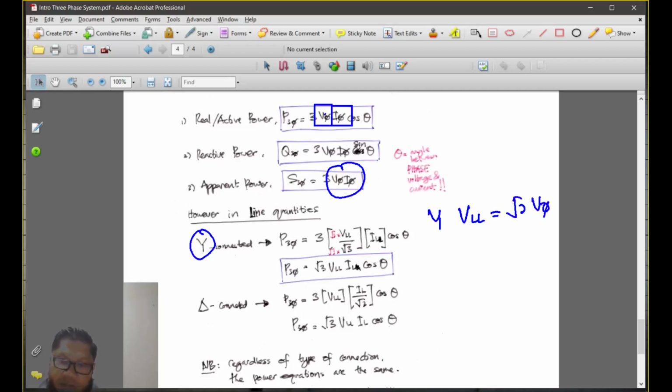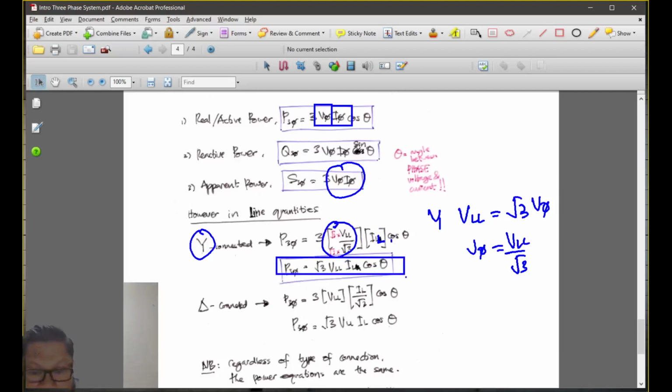Therefore you substitute V phase with V line to line over square root 3. Then I line equals I phase, so you simply put IL here, cos theta, and you find that the three-phase power is root 3 V line to line, I line cos theta.